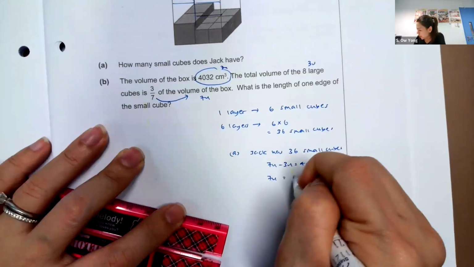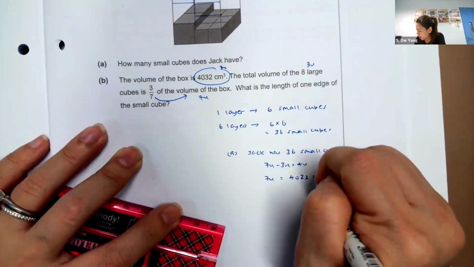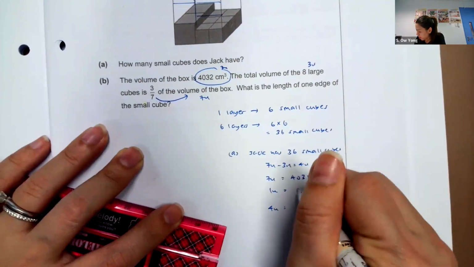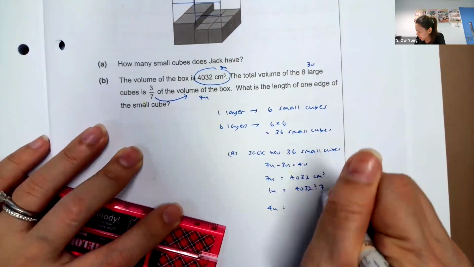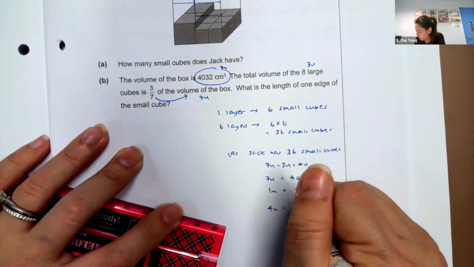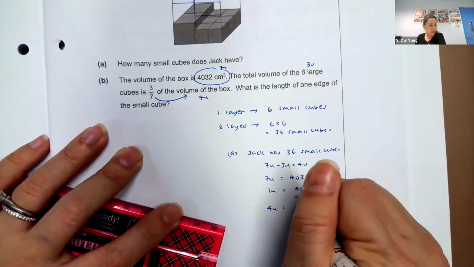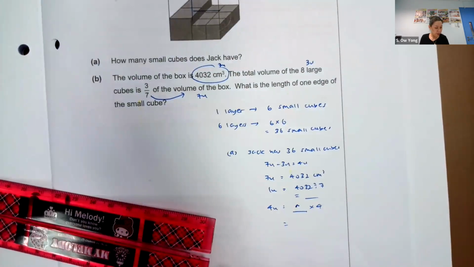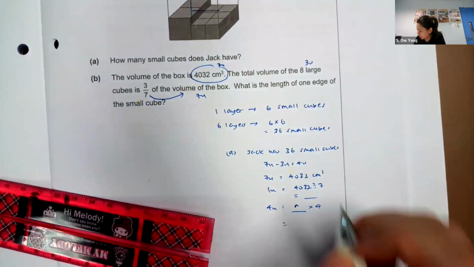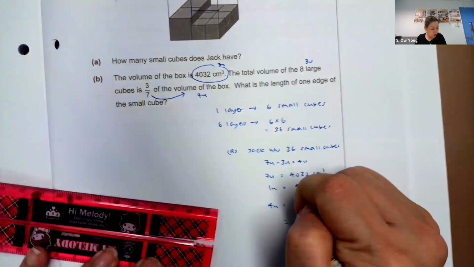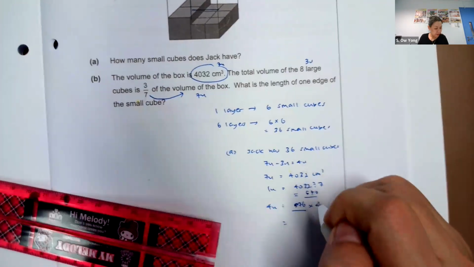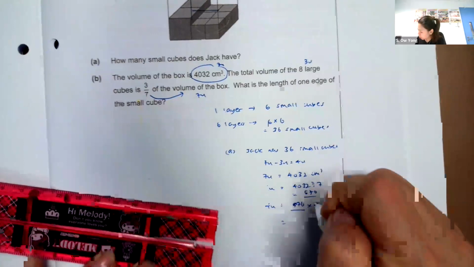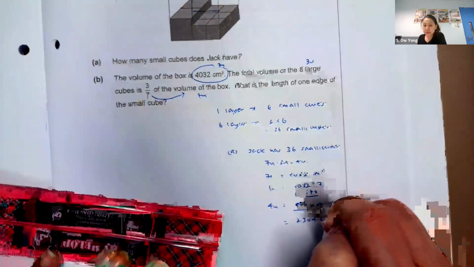Okay, so 7 units correspond to 4,032 cubic centimeter. Find 1, and find 4. You will get 2,304 cubic centimeter.